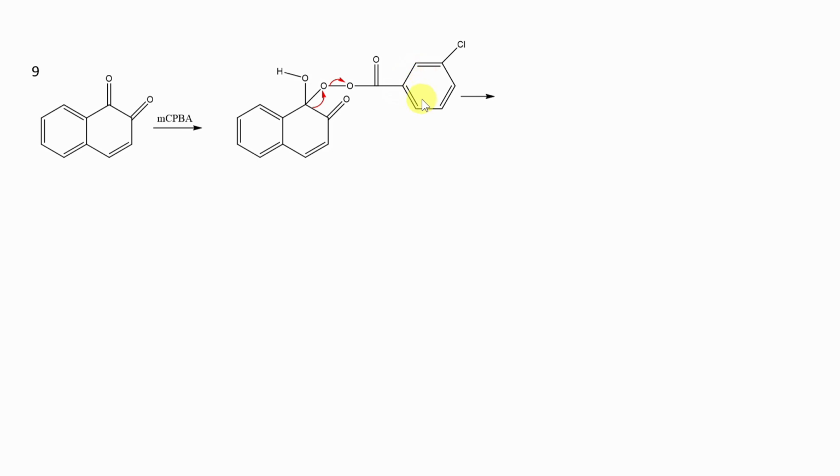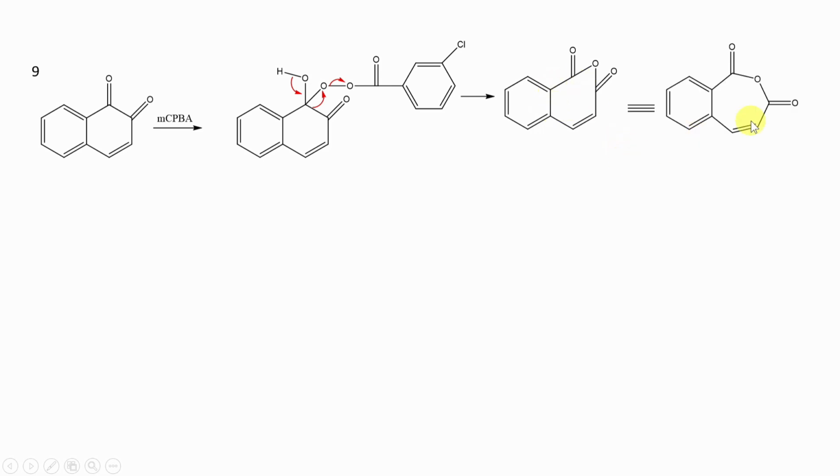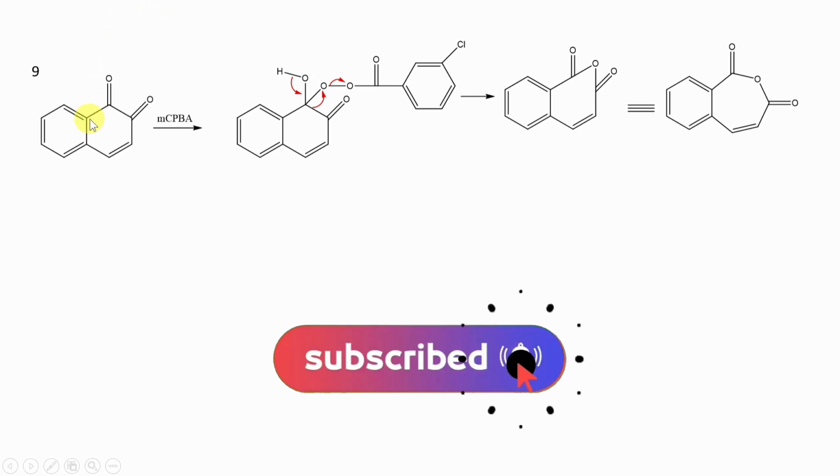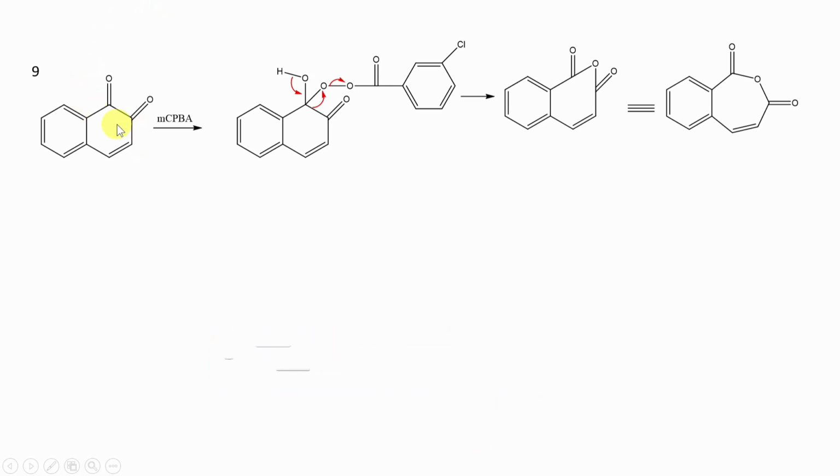This metachlorobenzoate ion captures this proton, thereby the metachlorobenzoic acid molecule is eliminated to form the anhydride with this structure. This can be represented like this. It is the cyclic anhydride formed from this diketone by Baeyer-Villiger oxidation reaction.